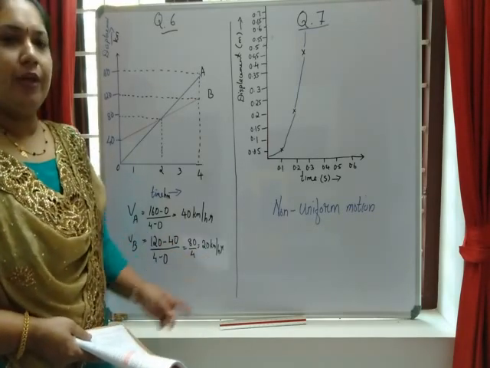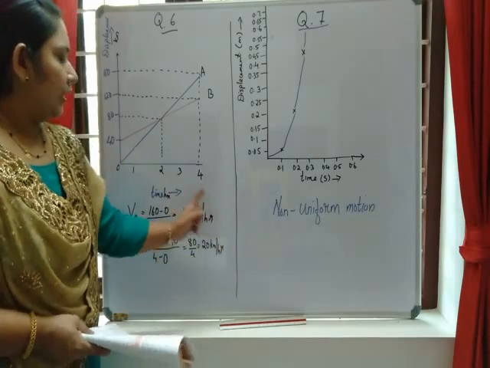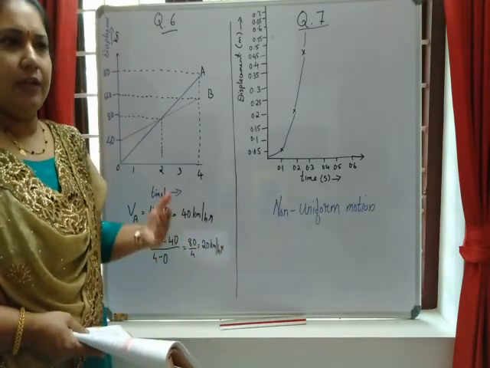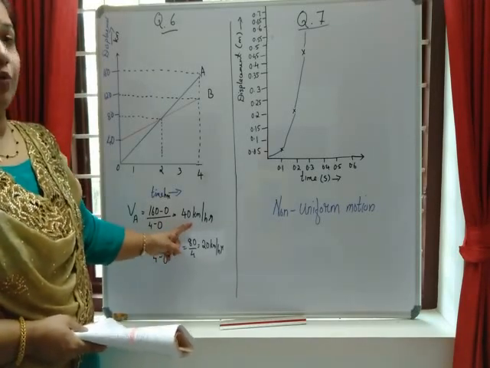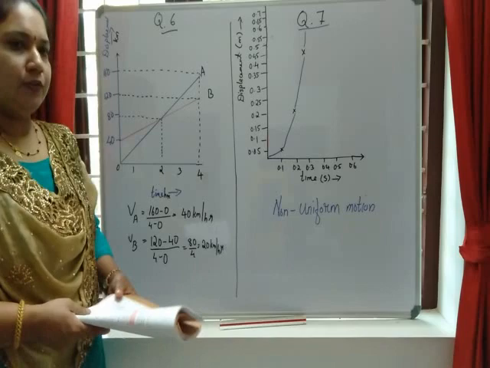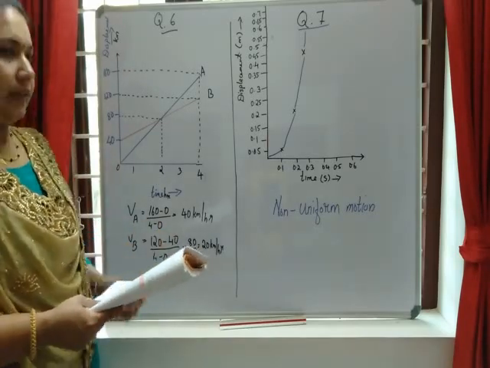You will get the answer 20 kilometer per hour. So from this it is clear which car is moving with the higher speed. It is car A, because the velocity of car A is 40 kilometer per hour, but the velocity of car B is only 20 kilometer per hour. So that is the second sub question.